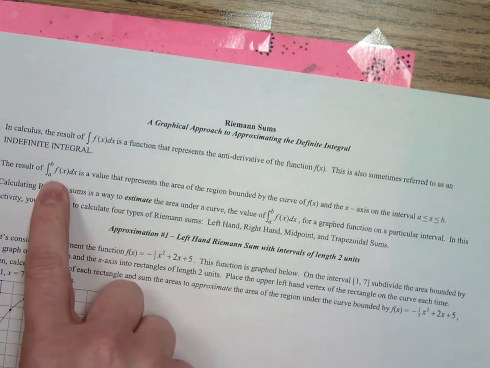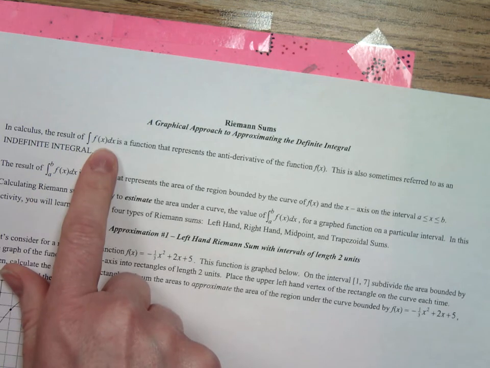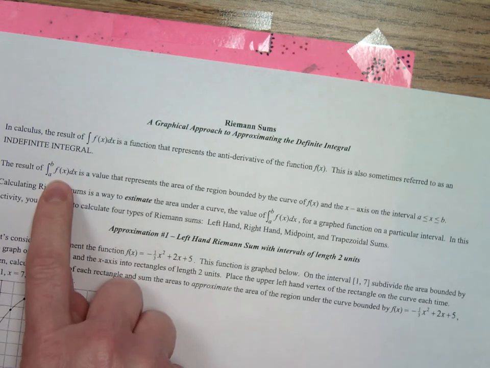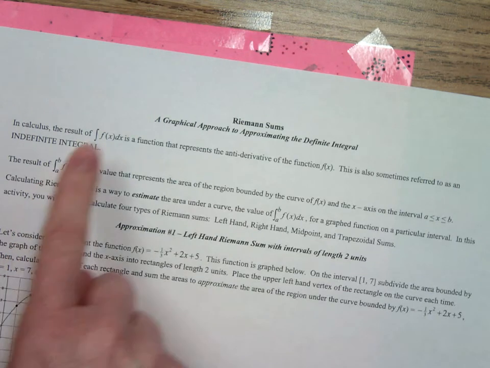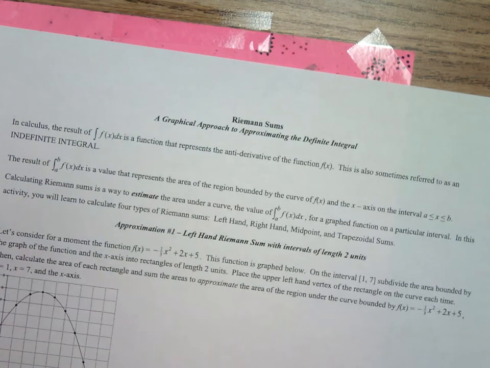Now, see how this one is different from that one? When you put these little boundaries on it, from a to b, that represents the area of a region bounded by the curve f of x on the interval from a to b. So just notice those differences.